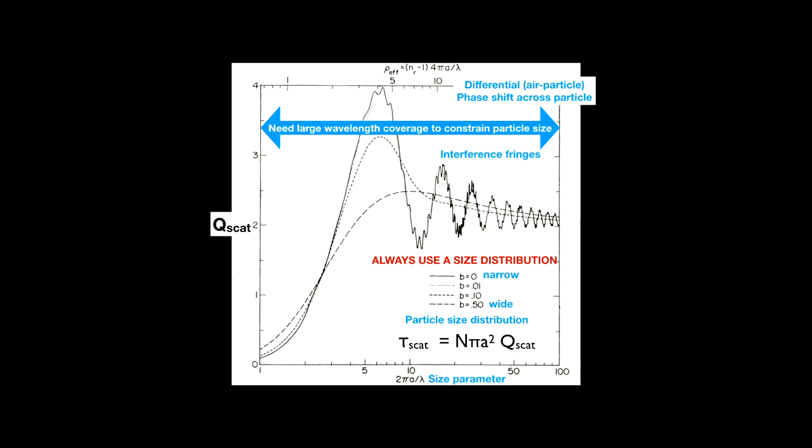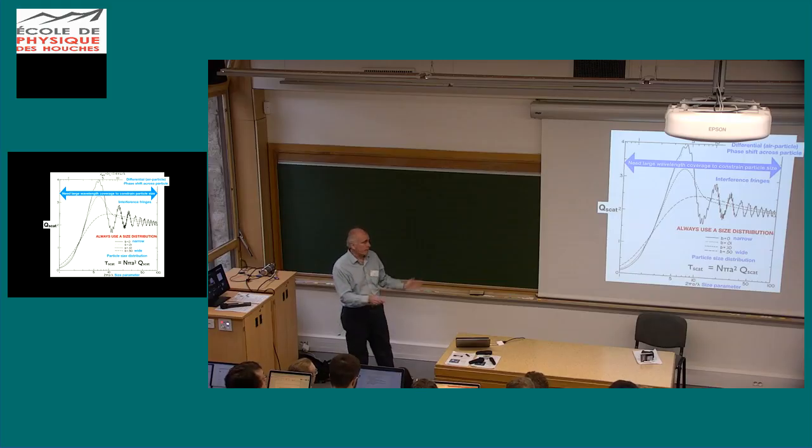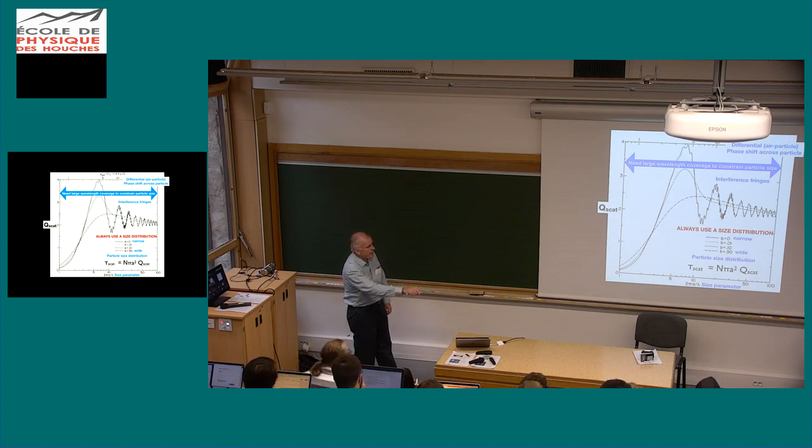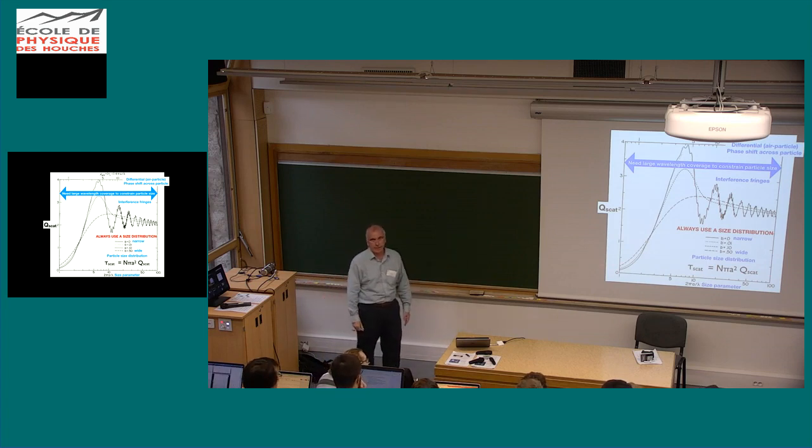The other thing to point out is you can get particle sizes, but you need a large wavelength range. So for example, here, if we think of a single given particle size, if we can measure this Mie scattering profile, we can get the particle size by comparing to the calculation, but we need a large wavelength range. Say from a micron to 10 microns would be nice.